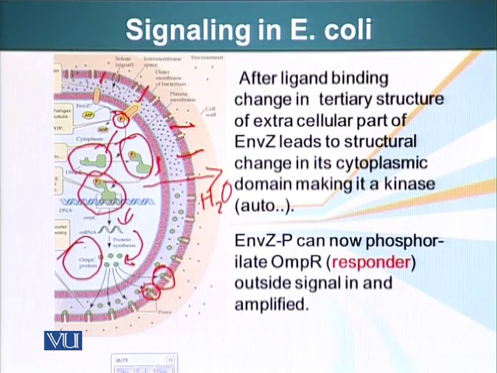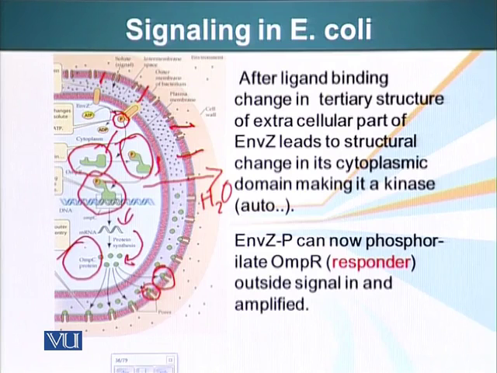So a couple of things I would like to again clarify. The activity of this enzyme, EnvZ, putting a phosphate group on itself, is called autophosphorylation. EnvZ, once it becomes active, phosphorylates OmpR. So OmpR is basically responding to the change in EnvZ structure.